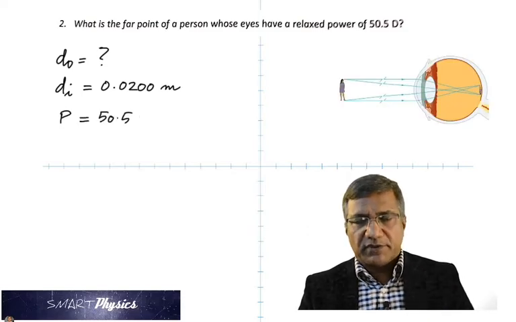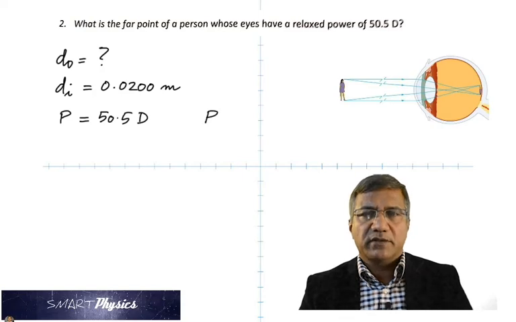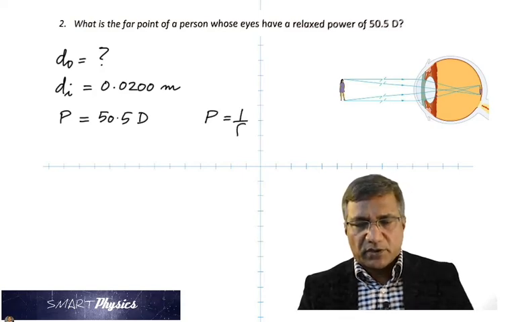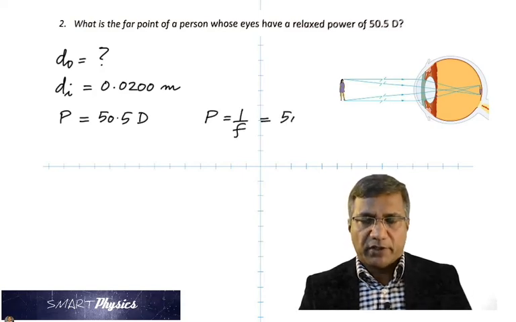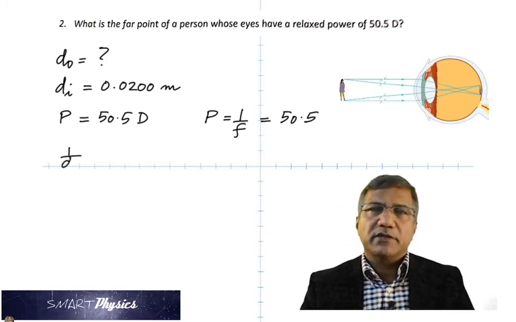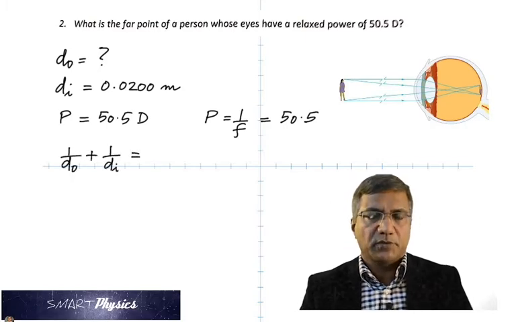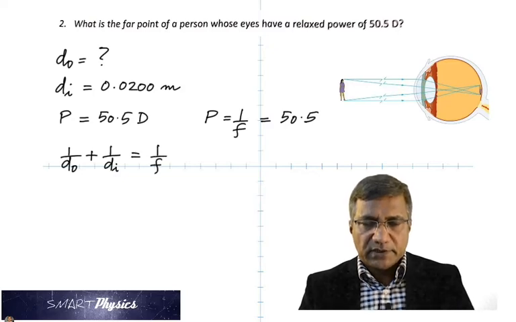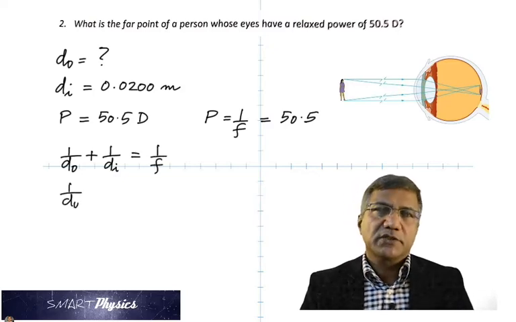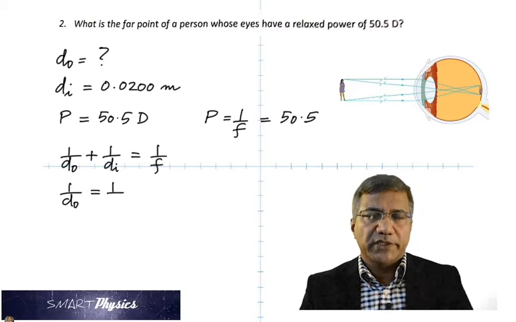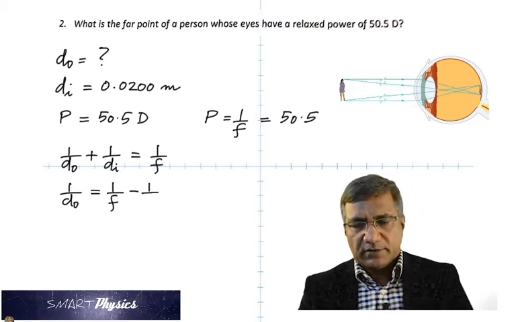So the power is given, power is 1 by focal length. So that is 50.5 diopter. And we can again use 1 by DO plus 1 by DI is equal to 1 by F. And from there, rearrange to make 1 by DO the subject.